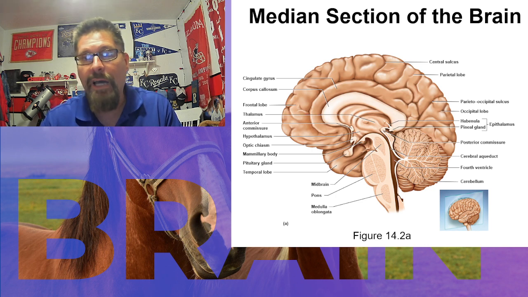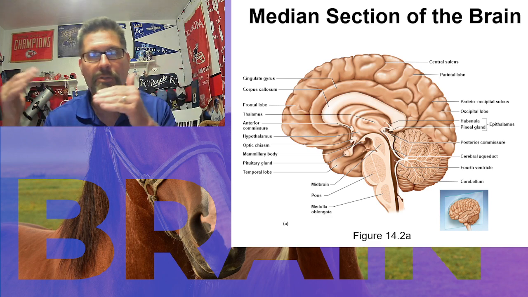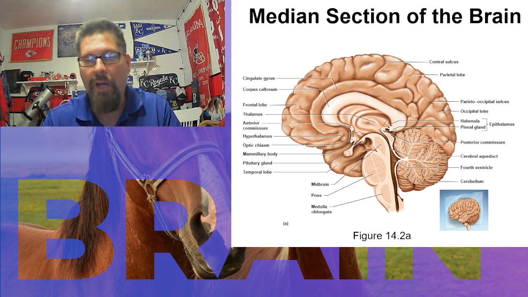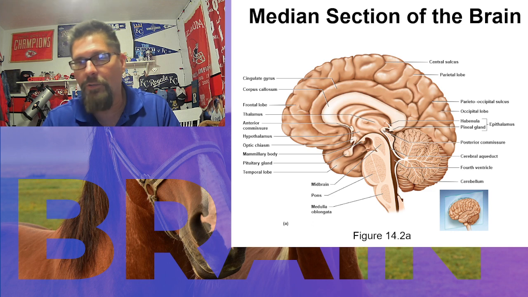That's the corpus callosum, that big circular area around there. It's a lighter color. The outer edge is that darker peach or pink, whatever you call it, in the whiter area. That's the corpus callosum. Again, that's where the information exchanges sides, goes back and forth between the sides, whether it's coming down from the brain and across and then out, or it's coming up from a sensory across and then up to the brain.